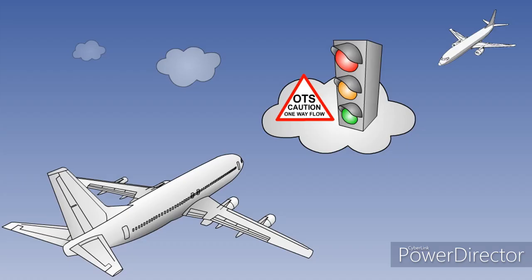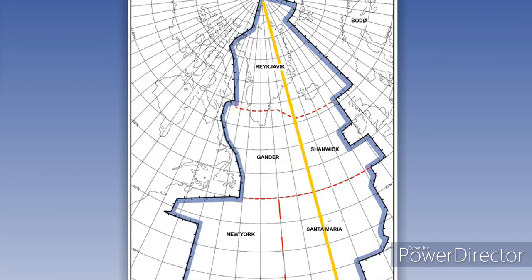To avoid potential confliction between aircraft in opposite directions at the same level, it is necessary to have a buffer period between east and west NAT tracks being active to allow aircraft to complete their crossing before the tracks reverse. The OTS period is defined at 30 west, which is roughly the midpoint for most traffic, and a flight must plan to cross 30 west during the OTS period to be able to complete the NAT track portion of its route.